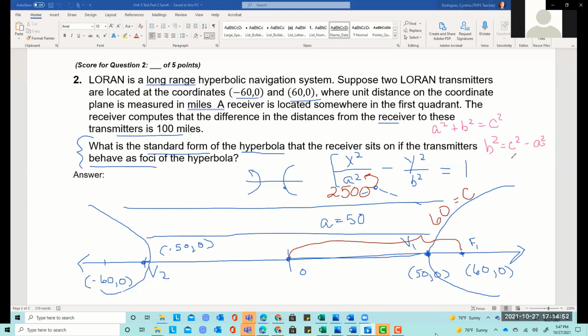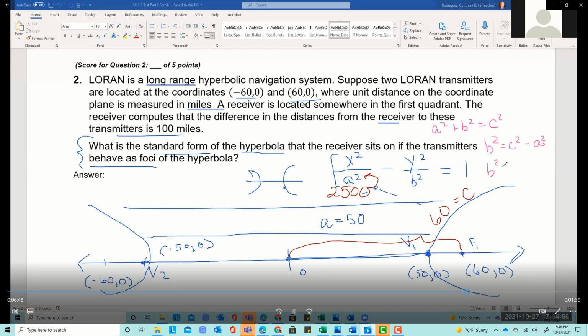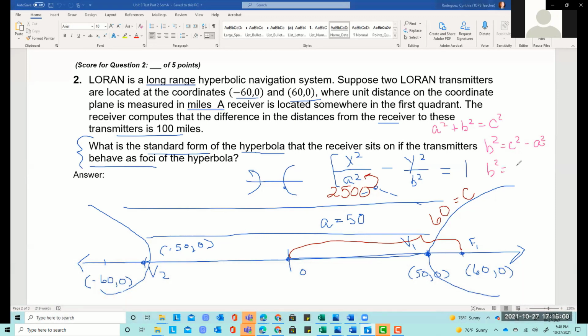We don't know B squared. What is C squared? C squared is 60 squared, which is 3,600. What's A squared? A squared was 2,500. So what's 3,600 minus 2,500?